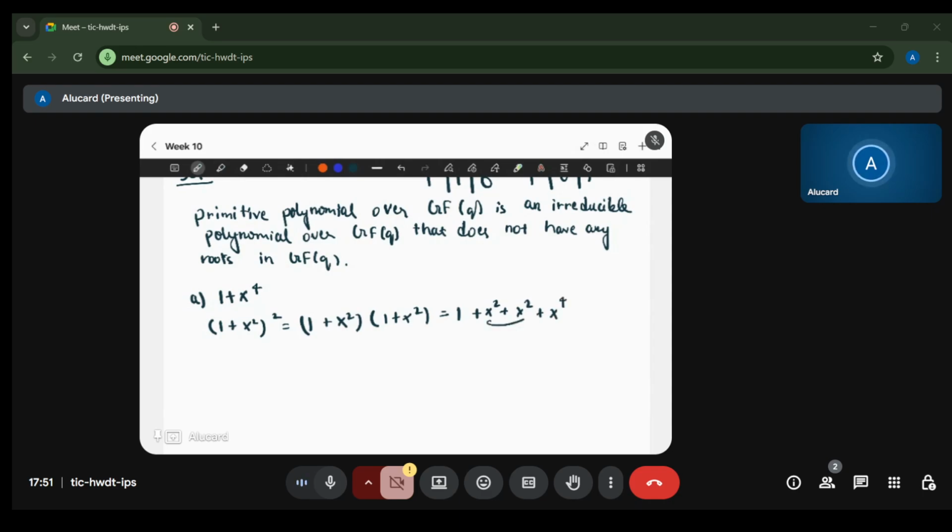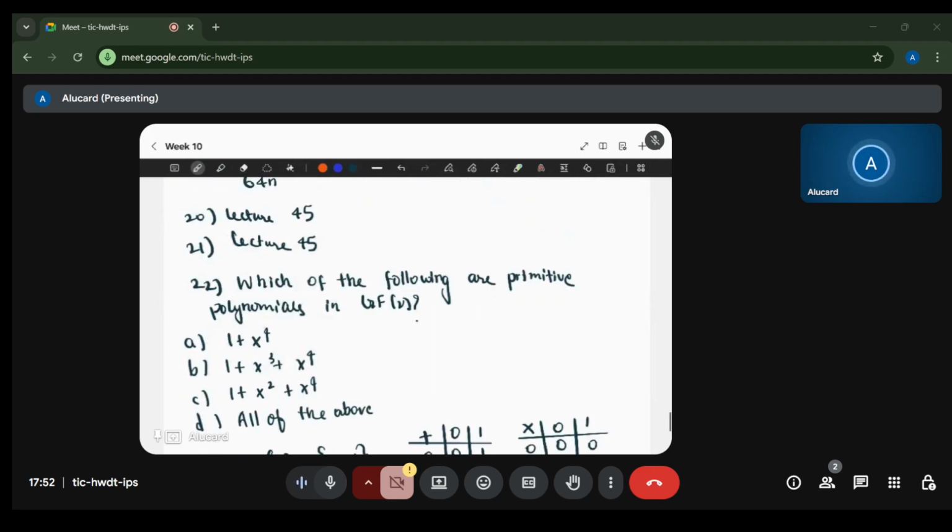If these were real polynomials, polynomials over the real field, then this would just be 1 plus 2x squared plus x power 4. But we have to remember that we are working in GF of 2, where 1 plus 1 is actually 0. So this is 1 plus 1 times x square, which is actually 0 x square. So this is 1 plus x power 4.